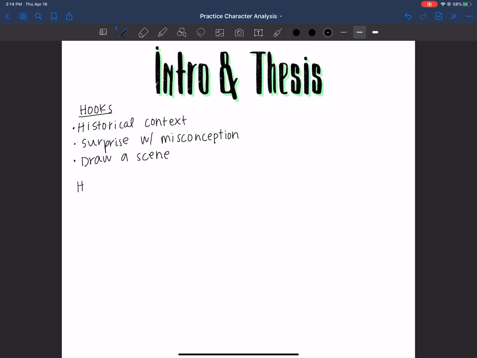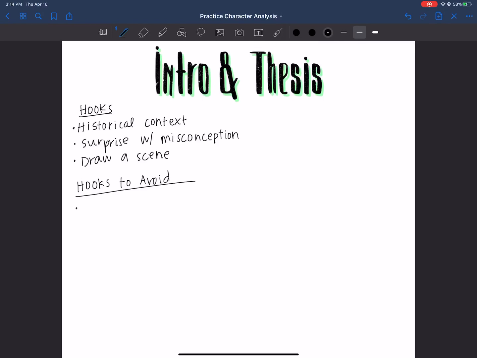But I did want to go ahead and list these so that you can at least try to maybe push yourselves a little bit. Hooks to avoid. These are things that are just done too often. They're super formulaic, they're super predictable and generic, and they don't really lend anything of use to your paper.